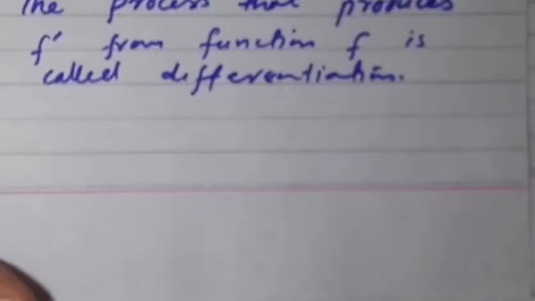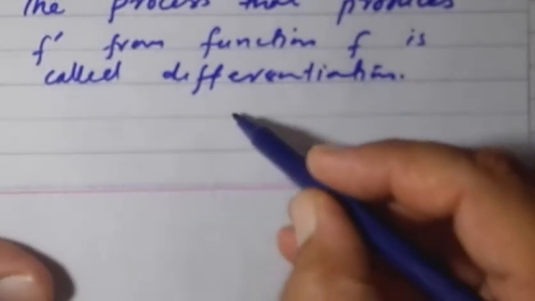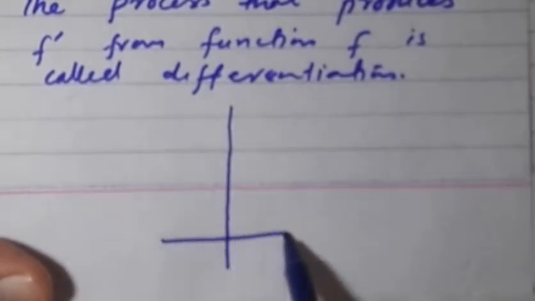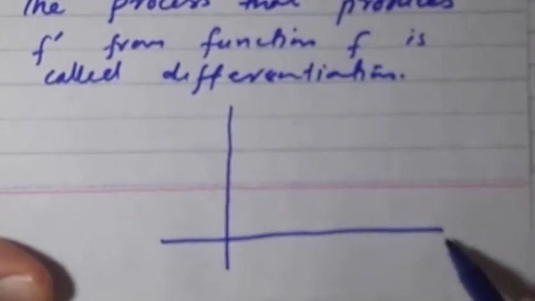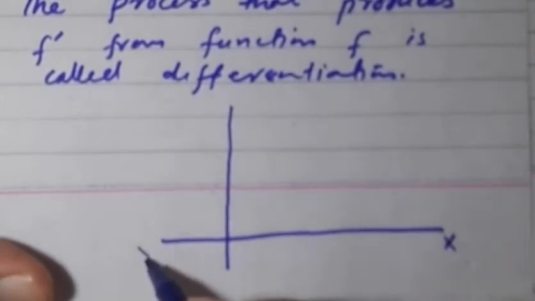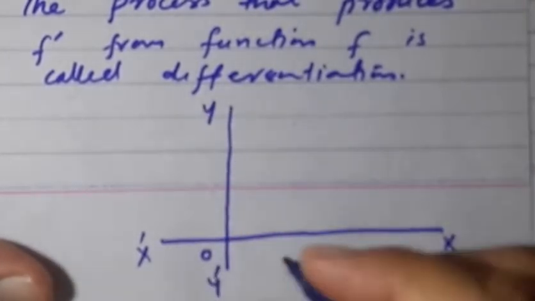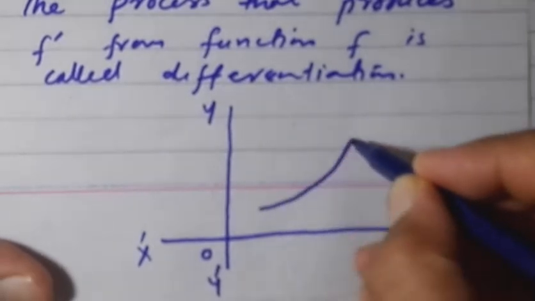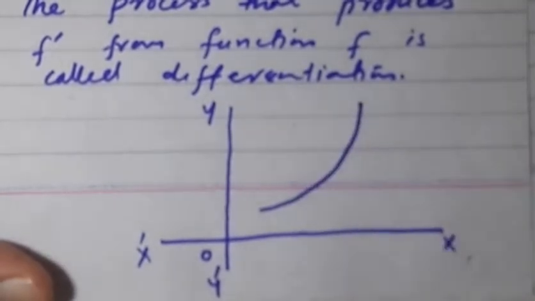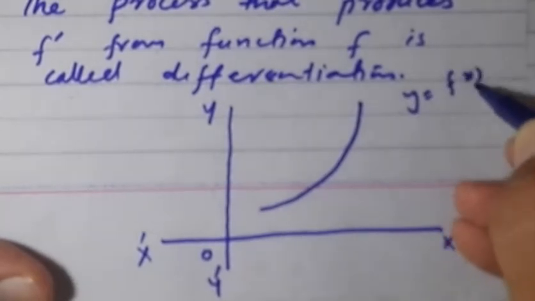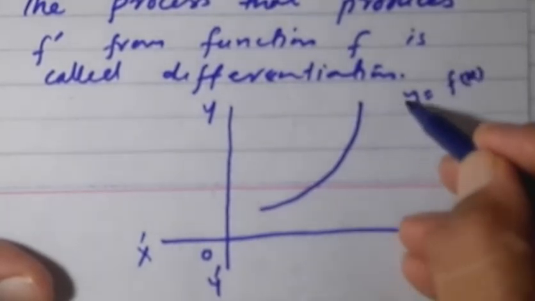Let us explain instantaneous rate of change graphically. Suppose we have these two axes, x prime, x, o, y and y prime, and we have a curve. Let y equals f of x be this curve.